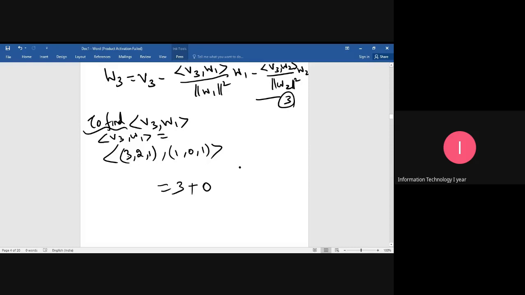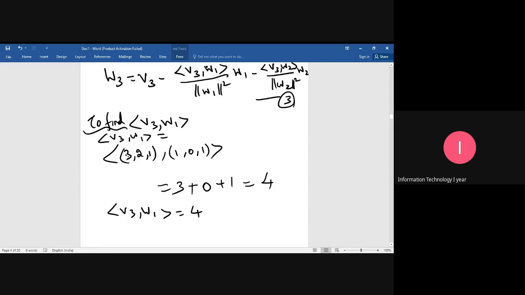So the answer is 4. So inner product of V3, W1 is equal to 4.